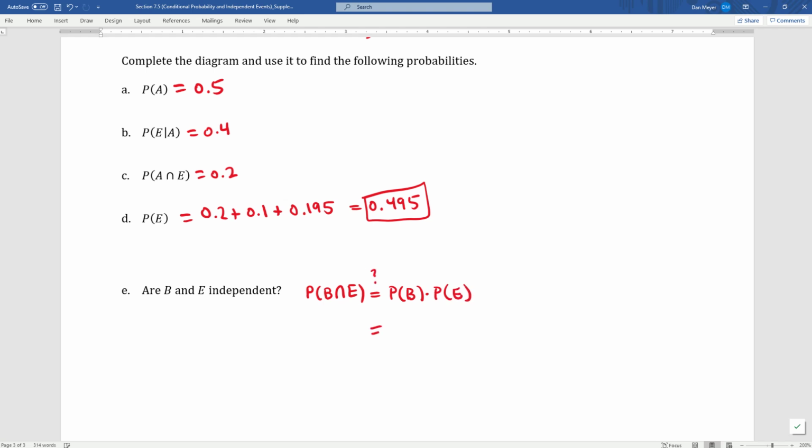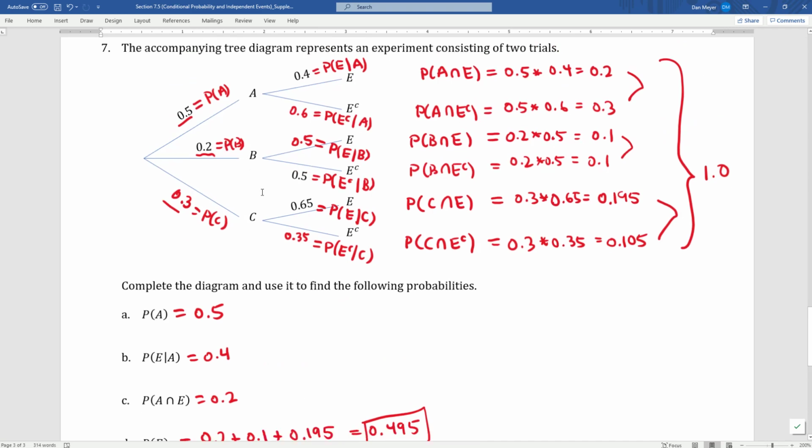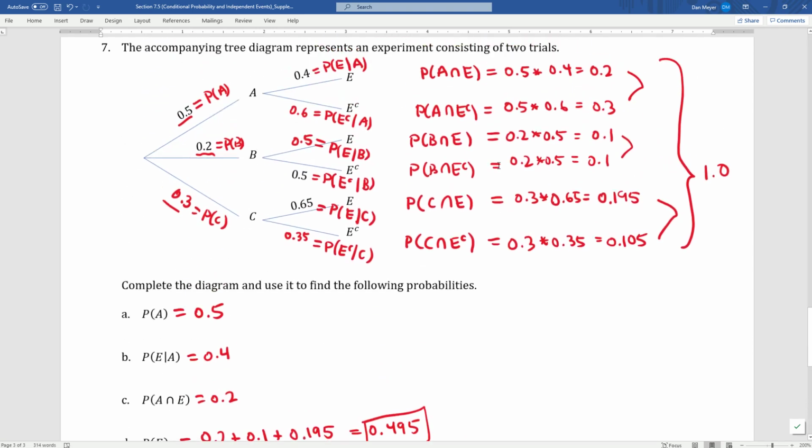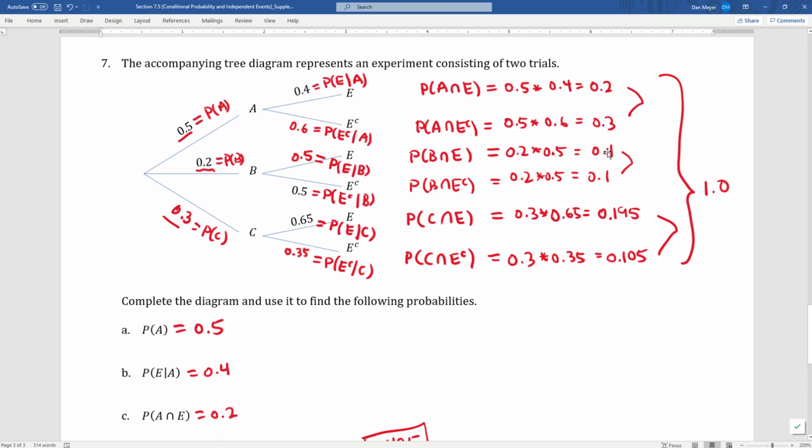The probability of B we were given is 0.2. The probability of E we just found, 0.495. And then the probability of B and E, here we go, ends up being 0.1.